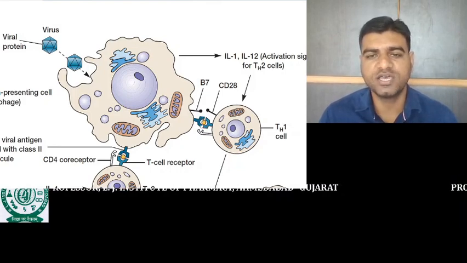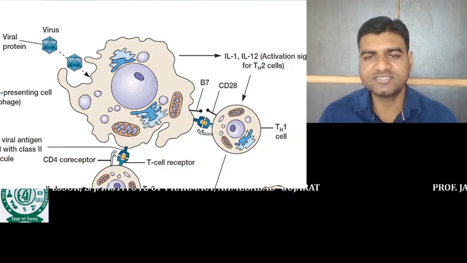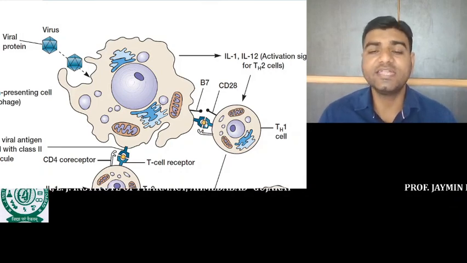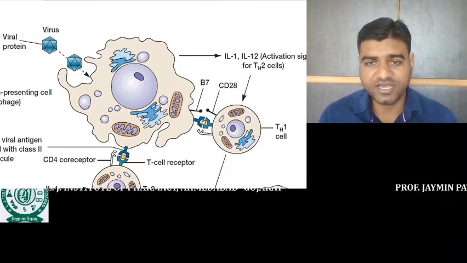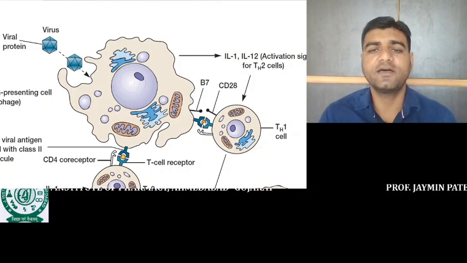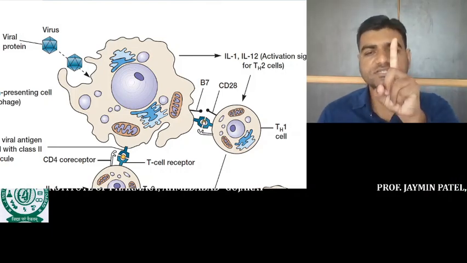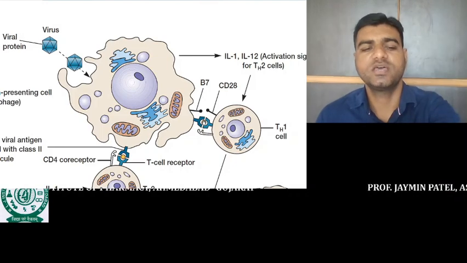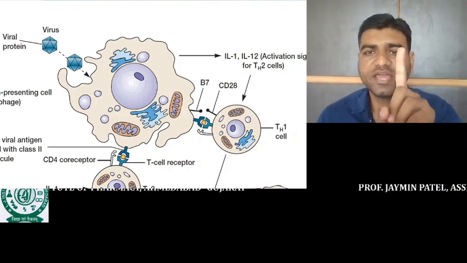Between these two receptors, this one is the MHC class 2 receptor and this one is the T cell receptor. Here the antigen is anchored. So this T cell receptor connects to the antigen and detects it. This one is the first signal for the activation of this Th1 cell.